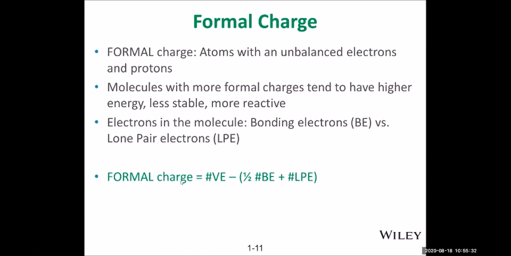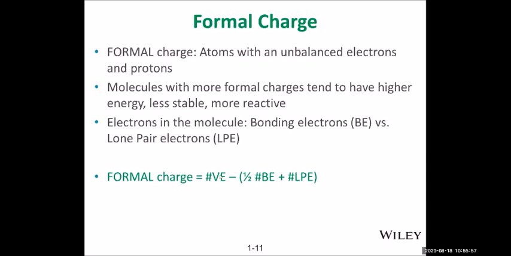Formal charge is calculated based on the Lewis structure. You use the number of valence electrons for that element. This is the same as the group number. The group number is the number of valence electrons in the atom. So this is how many valence electrons make this atom neutral.